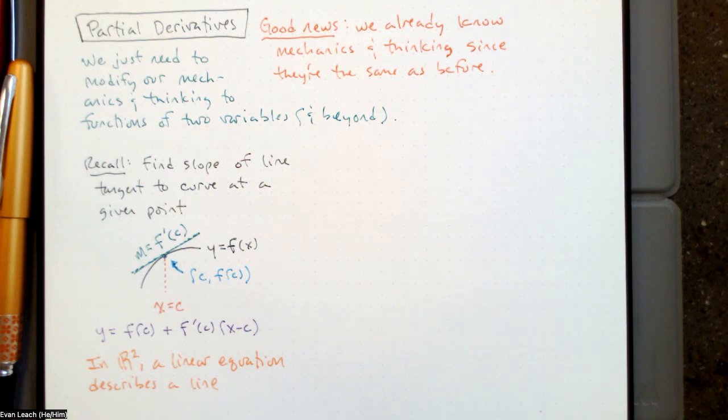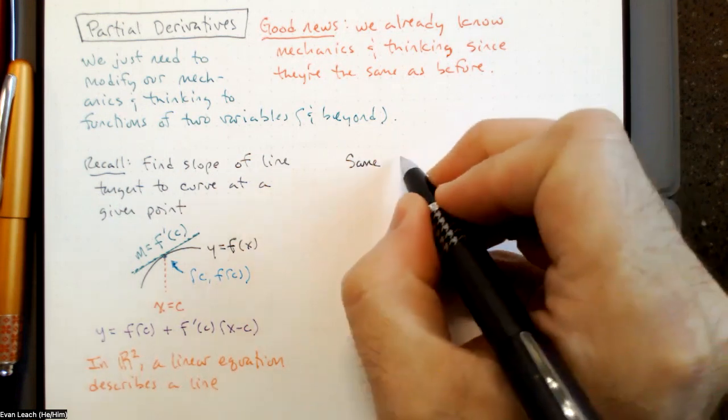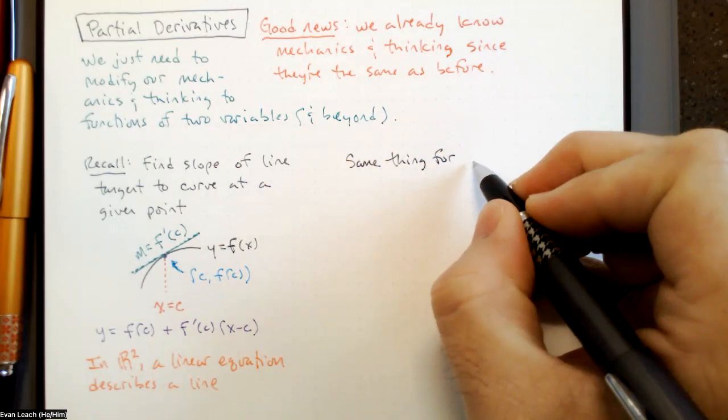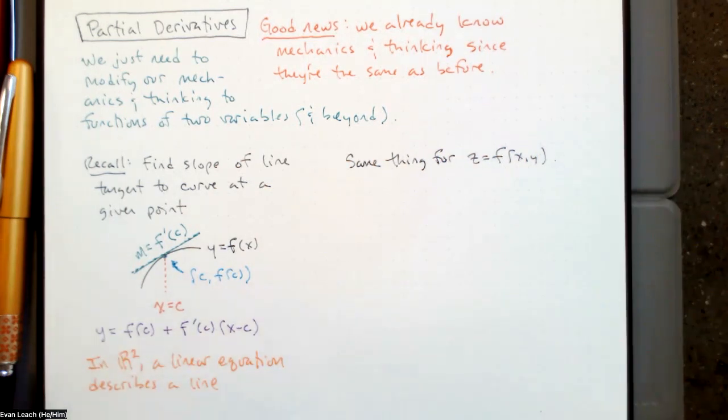All this is the same if we go up to a function of two variables. We're going to use the same kind of thinking. Instead of a curve, we have a surface. Instead of a tangent line, we have a tangent plane. The at a given point part, that's the same.